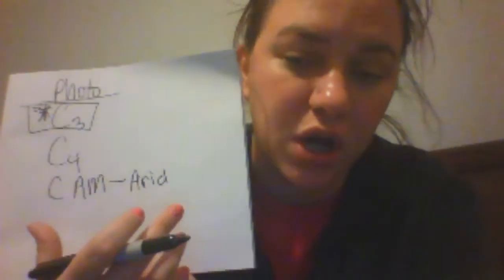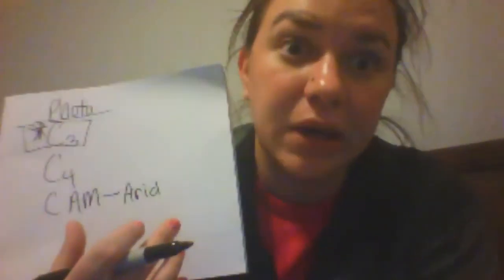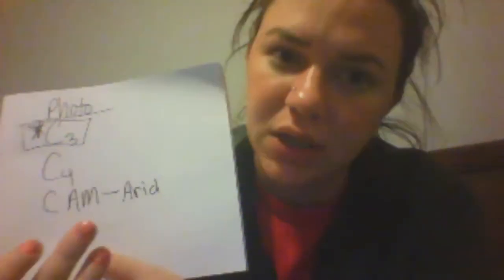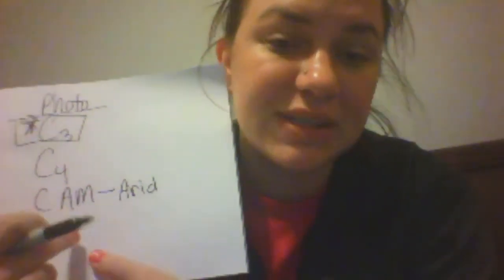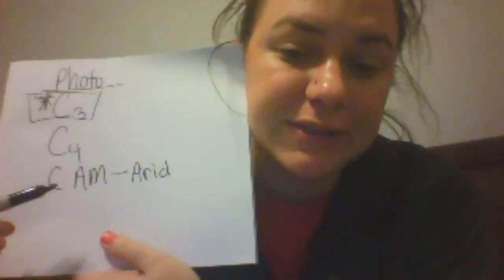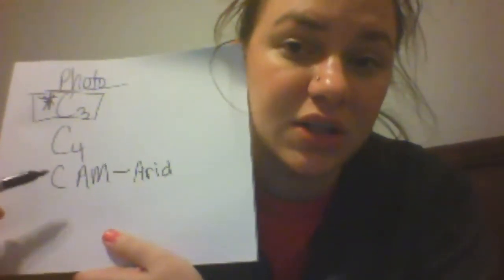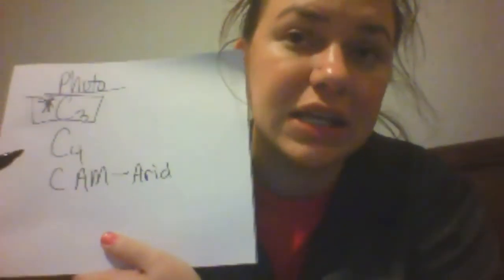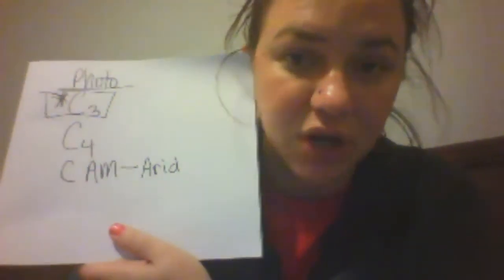They're going to have a high water concentration. Think about a desert plant. What do they have to do? Hang on to their water. So a CAM plant is a special kind of photosynthesis because they have to hang on to their water and they go through a different process of carbon fixation.